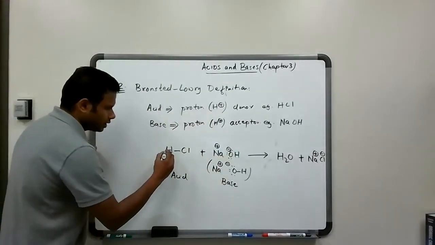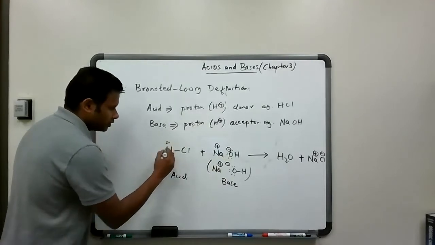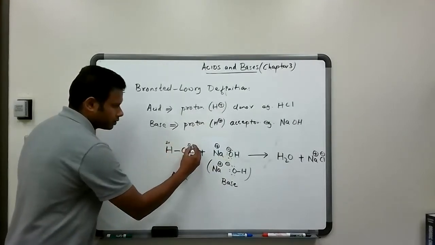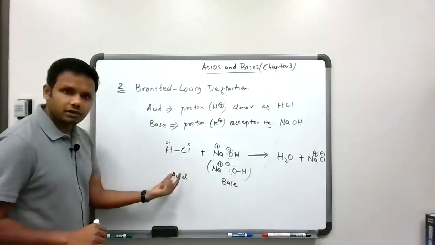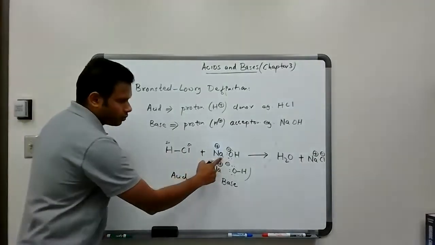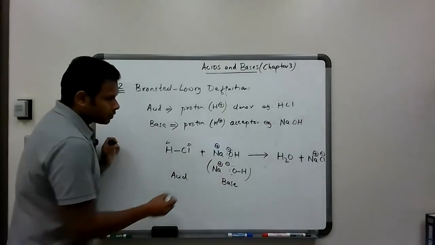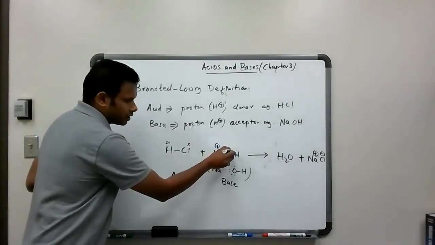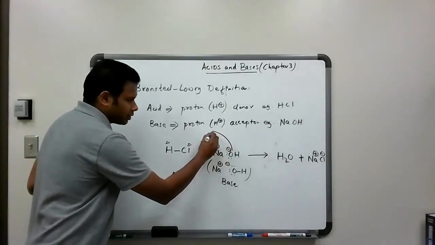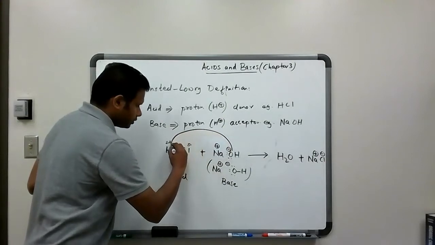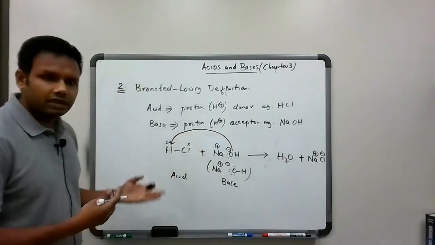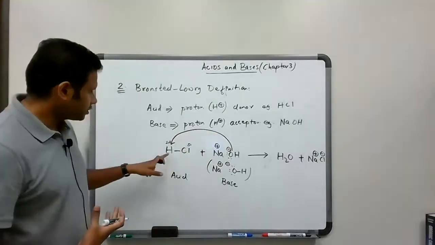So in this particular case, we have H, which is delta positive. The chlorine is delta negative. This is our acid. And we have sodium and hydroxide ion. So the hydroxide ion uses its lone pair to grab, or basically abstract, this proton.